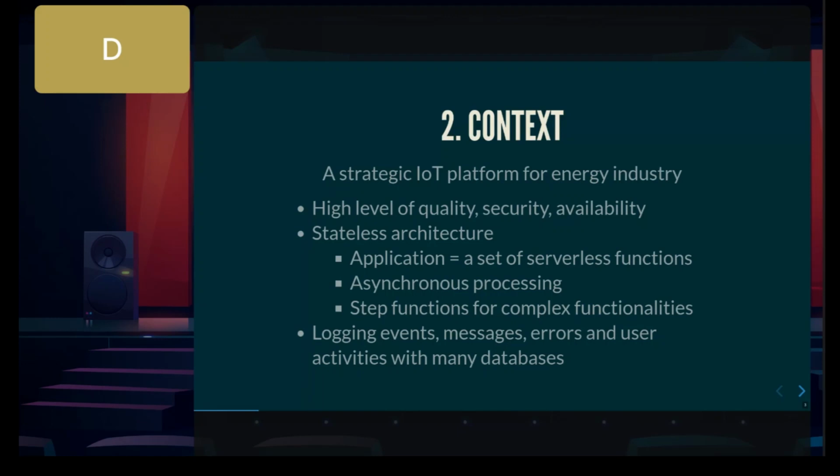We have to implement many discriminating NoSQL databases for different flows: control, events, messages, logs, and so on. We have more than 10 databases, and we had to implement a complex indexing system for those databases.